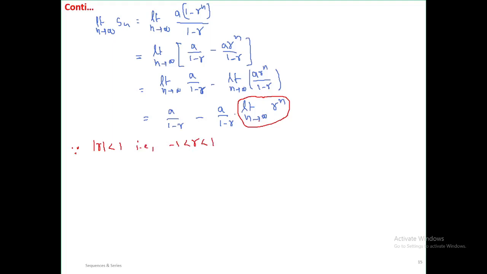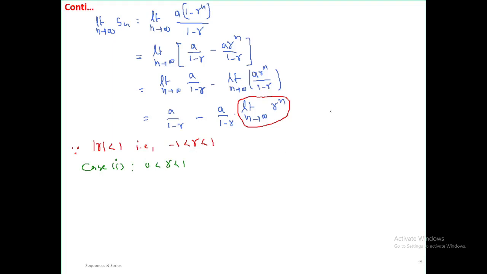Let me do it by cases. In case 1, I am taking 0 less than r less than 1 first. In case 2, I will do minus 1 less than r less than 0. Then the proof will be over. Also r equal to 0 I need to prove.